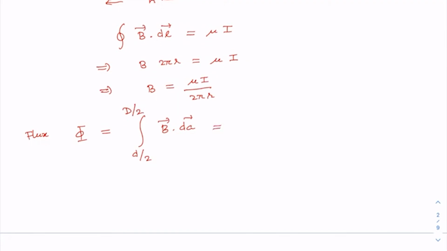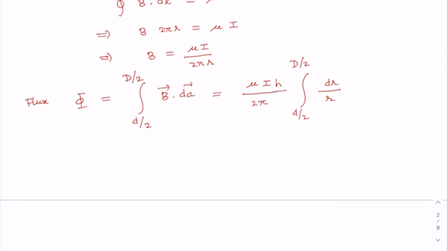And if I put the expression for the magnetic field, I can take out mu I h by 2 pi, and here I have dr by r. Integral limit is from small d by 2 to capital D by 2. And again in a similar way we know that this would be simply mu I h divided by 2 pi logarithm of capital D by small d.